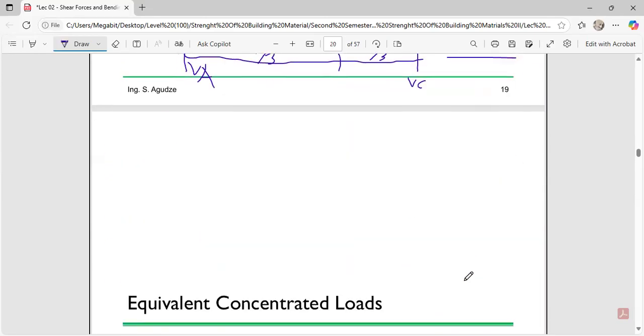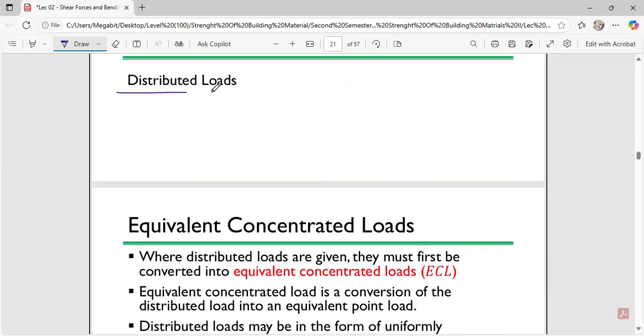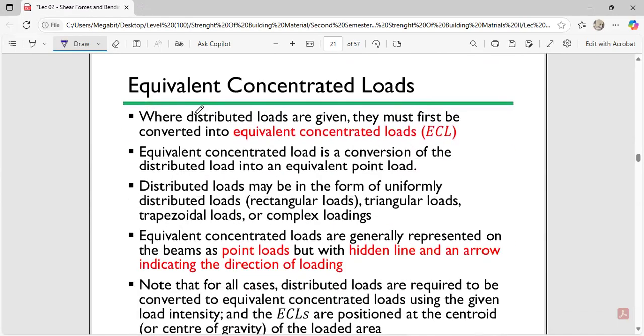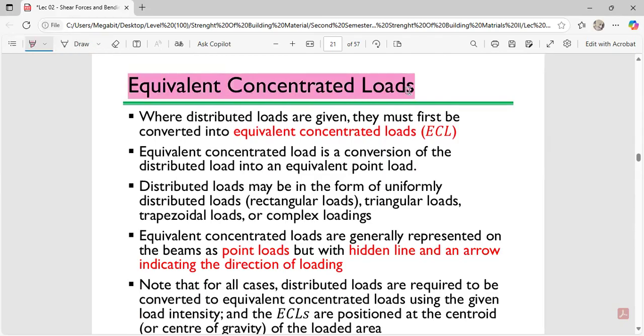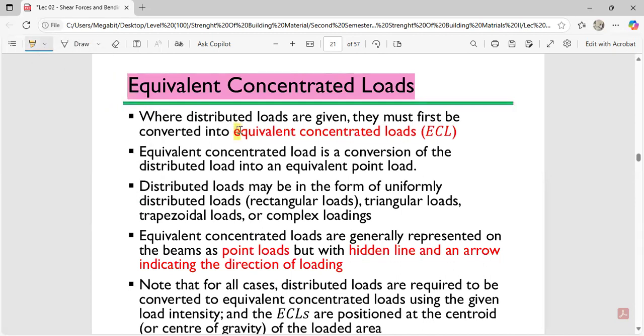So we want to talk about equivalent concentrated load and distributed loads. Where distributed loads are given, they must first of all be converted into equivalent concentrated load, known as the ECL.